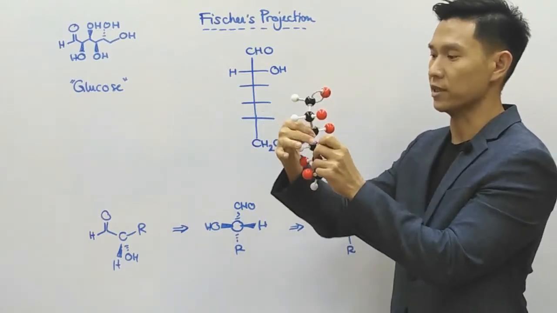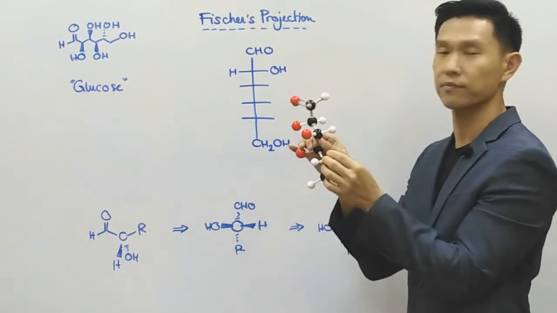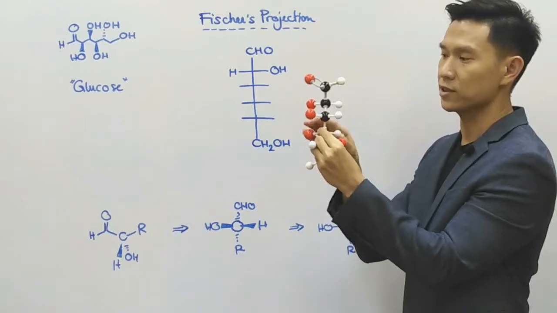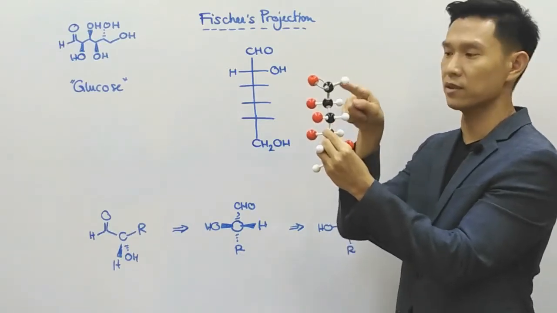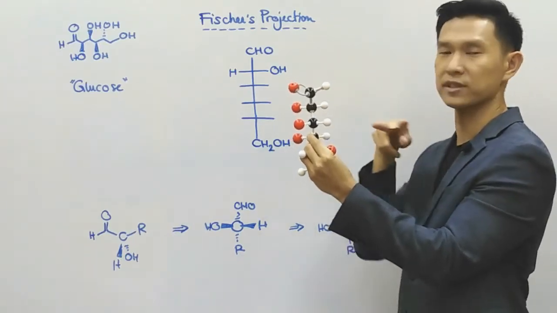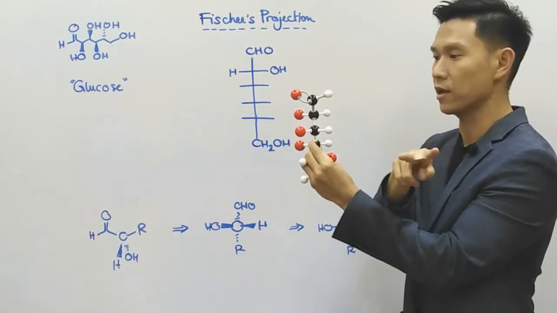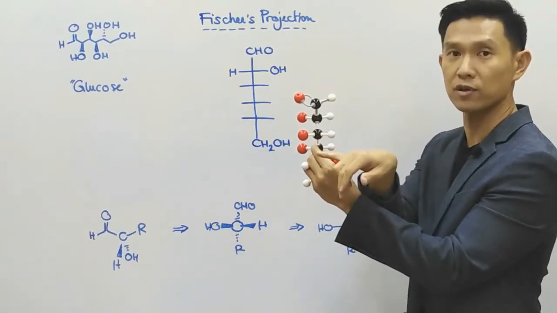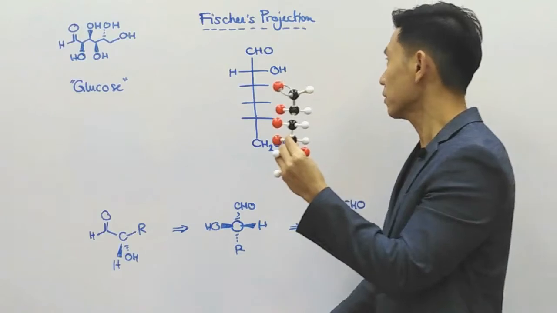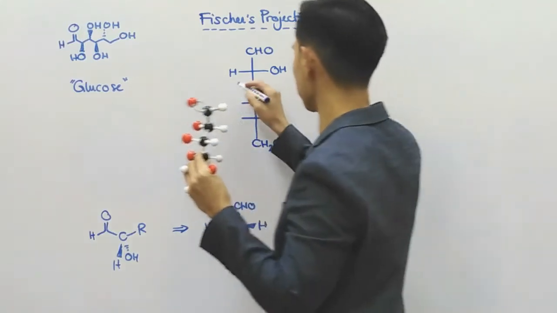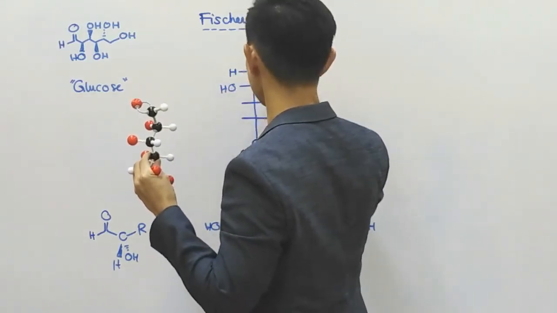So you have to turn it a bit, like this. Now the third carbon has the vertical line pointing outward and the horizontal line pointing toward yourself, and the OH will be on your left hand. So for the third carbon, OH is on the left, H is on the right.